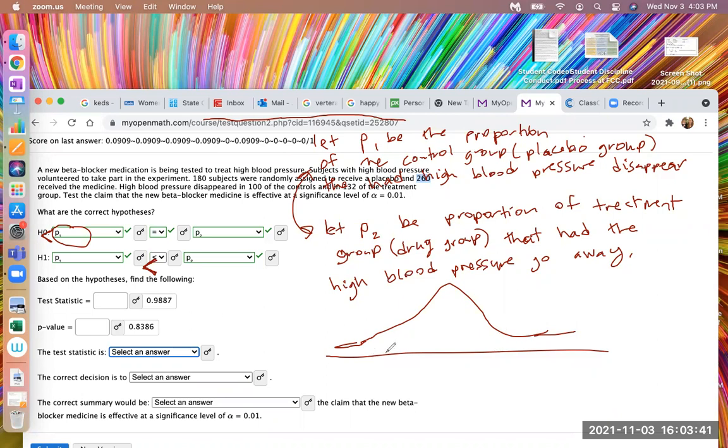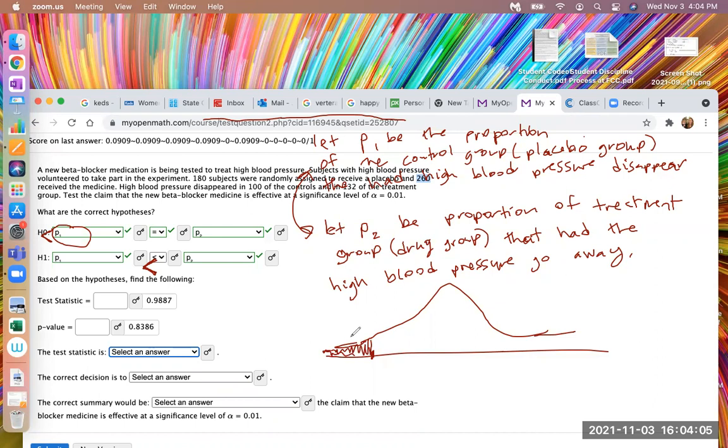This is a right tail test. So we found the difference between the two samples and the two proportions. And this difference is out in the tail over here. Actually, it's not.